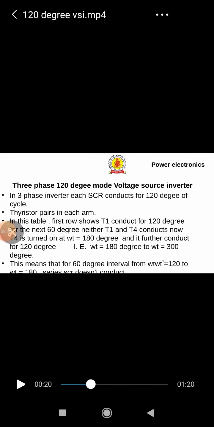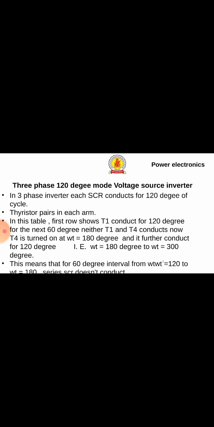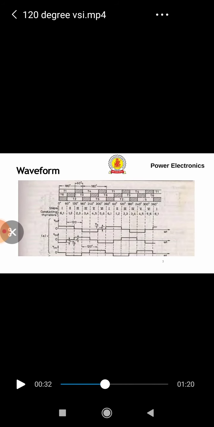3-phase 120-degree mode voltage source inverter. In the 3-phase inverter, each SCR conducts for 120 degrees of the cycle, with thyristor pairs in each arm. In this table, the first row shows T1 conducts for 120 degrees.